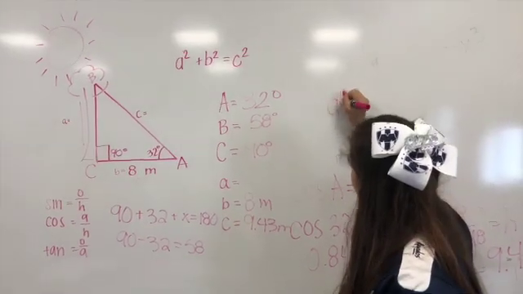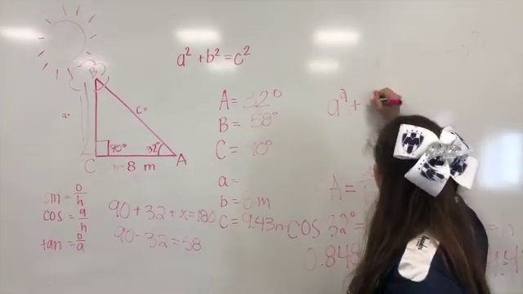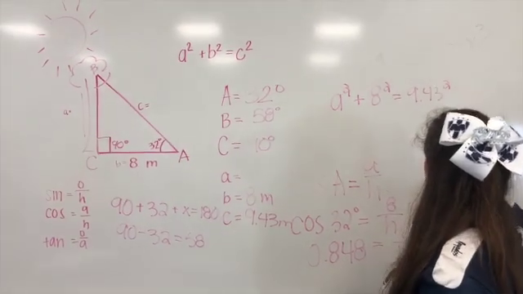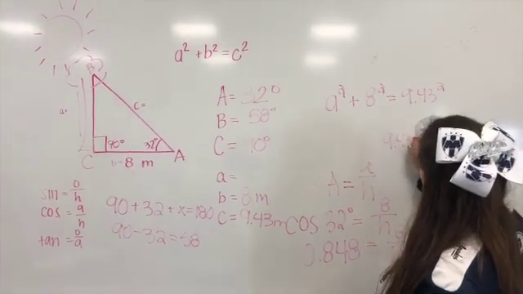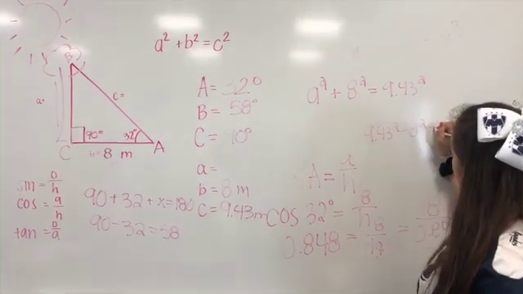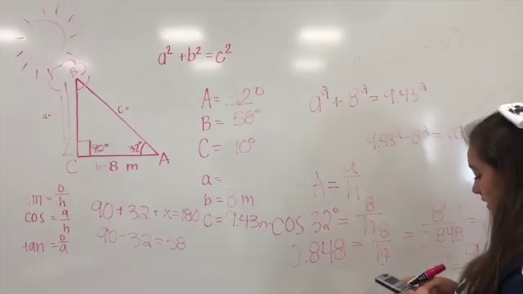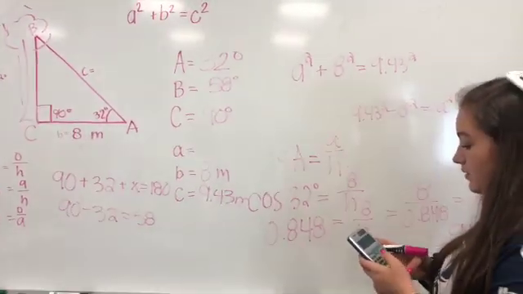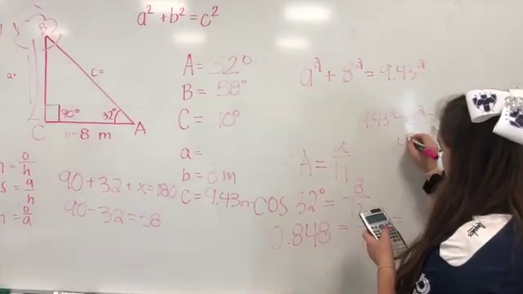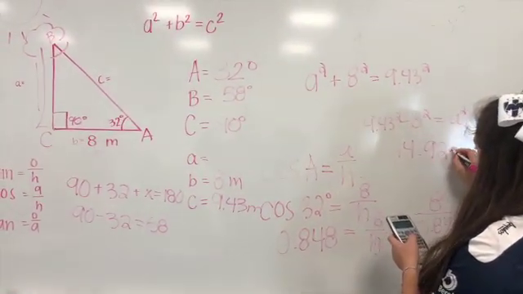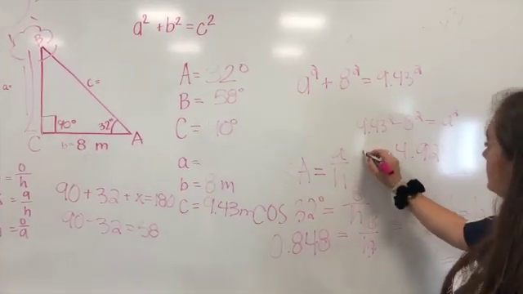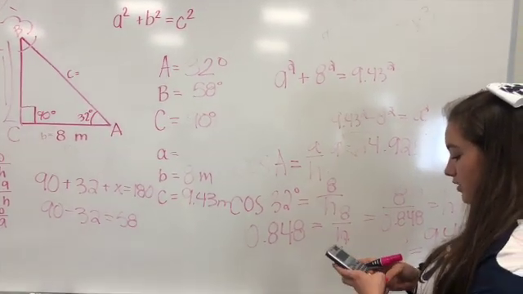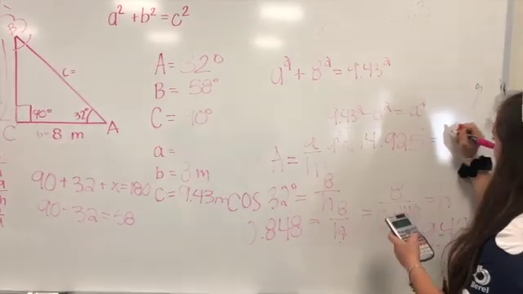Now, we know that B is 8, so 9.43 squared minus 8 squared equals the other side squared. We plug it in, 9.43 squared minus 8 squared, which is 24.925. So this is A squared. We need to get the square root. So the square root of the answer equals 5.